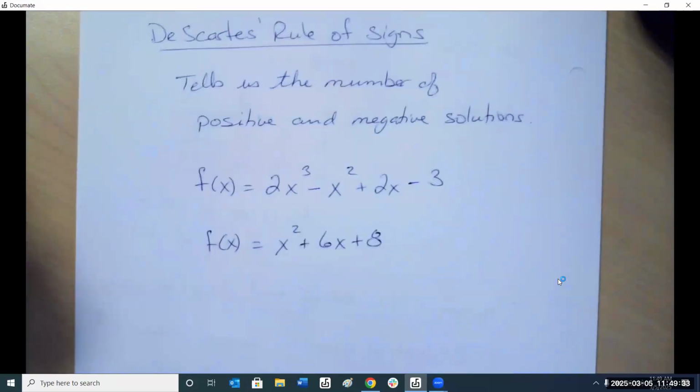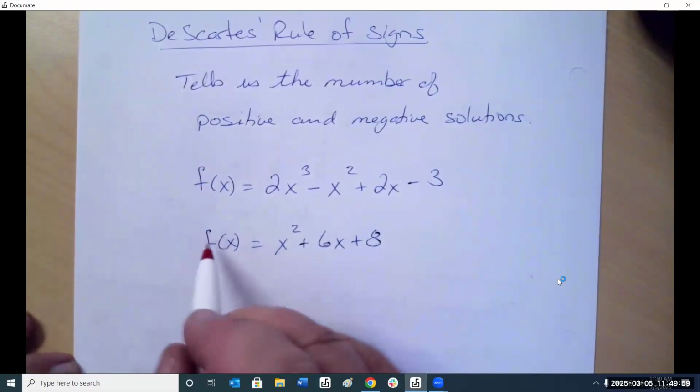What if it gives you a function where your leading term didn't have the highest exponent? Then you have to rearrange it. Always, the first step is to make sure it's in decreasing order of exponents, because you typically want the first term on the left to be your highest exponent. Everything else, to be honest with you, is not necessary, so it's not going to help us much. Let's look at this one.